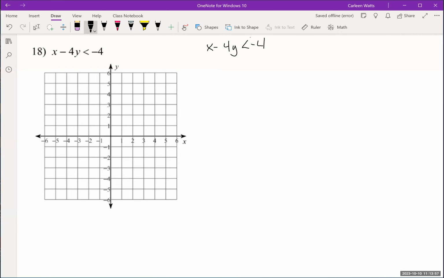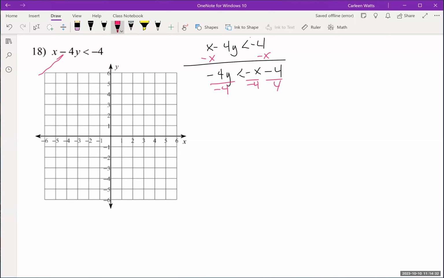Okay, let's solve for y. Let's subtract x. Let's put them in y in correct order. Slope intercept. Now, whenever I multiply or divide by a negative number, I need to, so I'm dividing by -4.